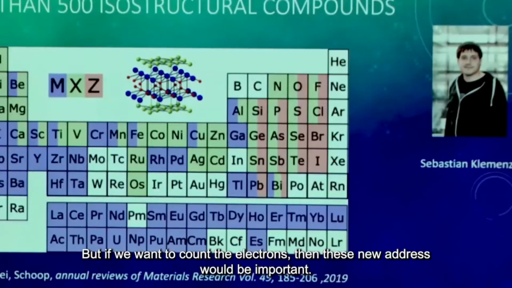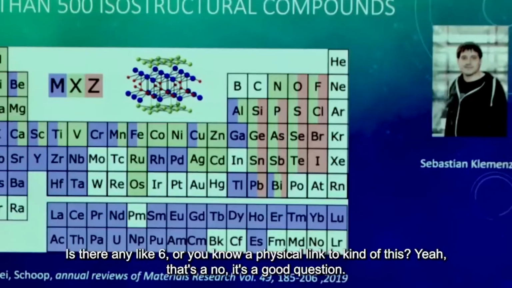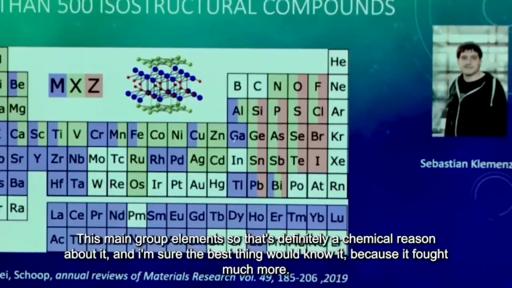So I know zero chemistry, so forgive me my silly question. But if I look at this table, I see there are more elements with red and green on the right. Is there any physical meaning behind the list? Yeah, it's a good question. So it seems like this Z element really only wants to use these main group elements.